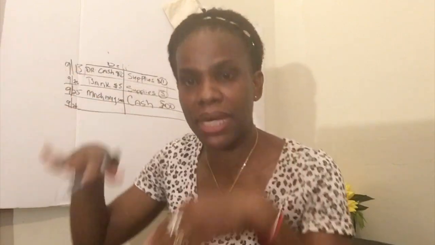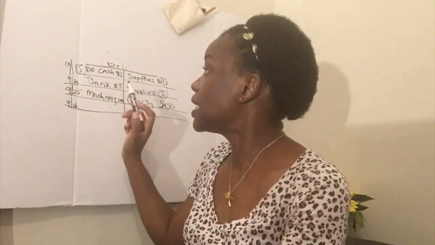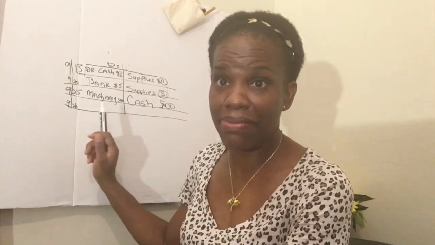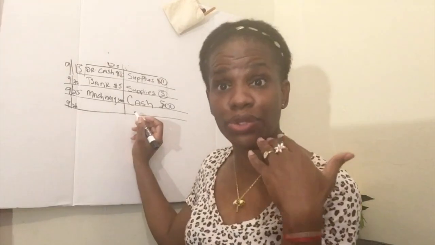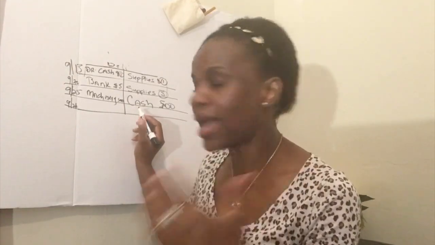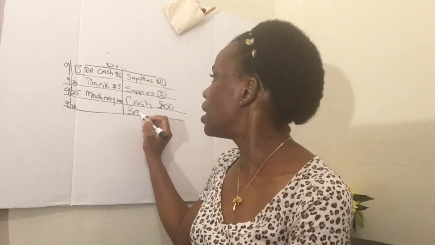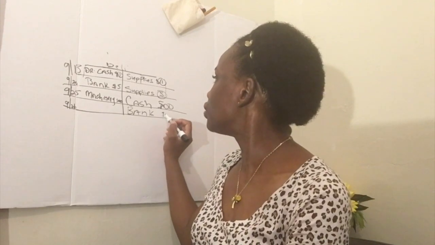What is going out? I know I'm paying. So if something is paying out, we know that cash is walking out or bank is walking out. We know that money is going down. So is bank or cash going on the debit side? No. So on the credit side, we said it was through the company's bank account. So we're putting bank for $100.